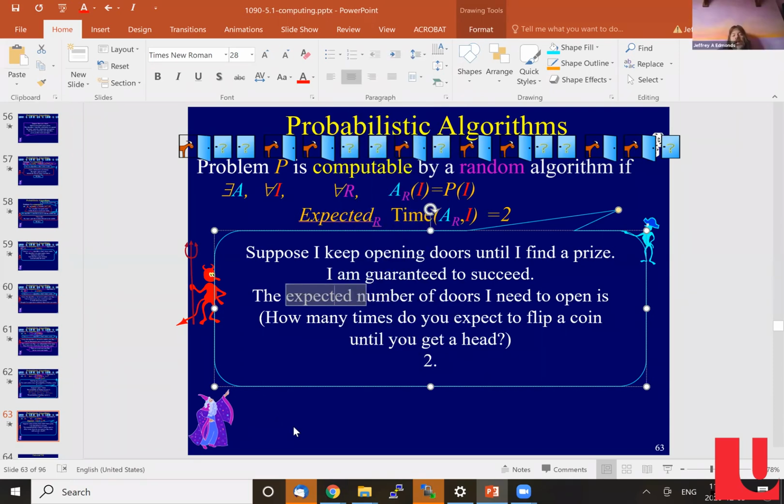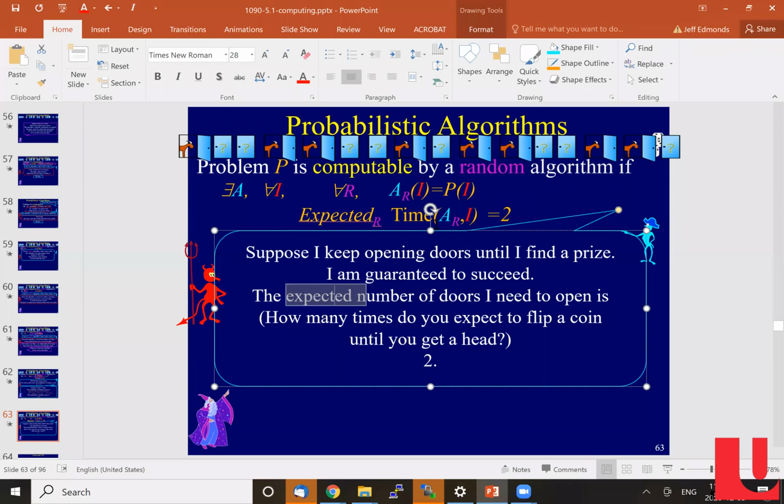I would say for every input, and then I have big brackets, and I would put an and between this line and this line. Put brackets on either side here and put an and in the middle. For every input, 2 things are true. One thing that's true is you're guaranteed to find a prize. The second thing that's true is that the expected running time is 2.